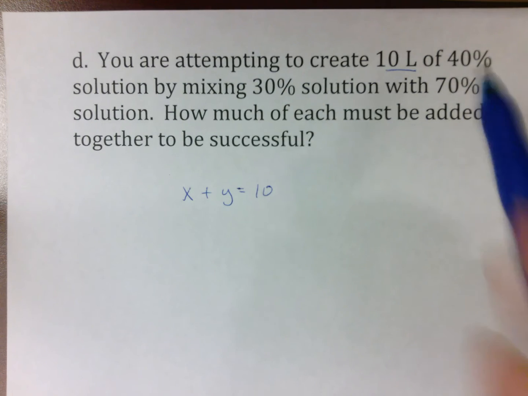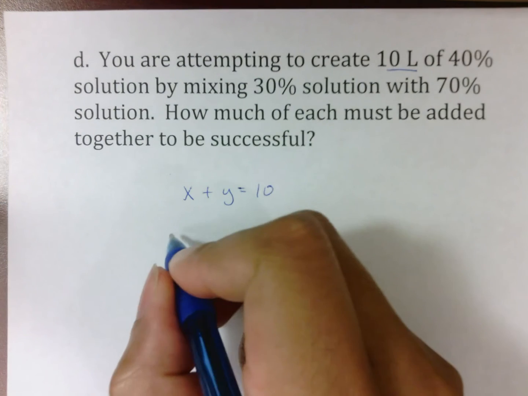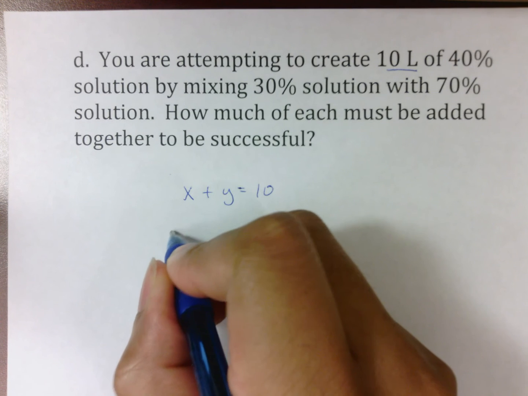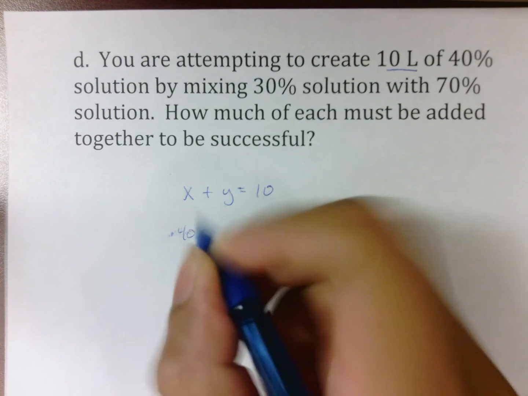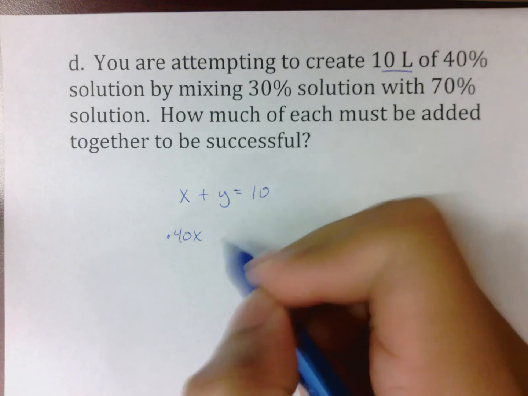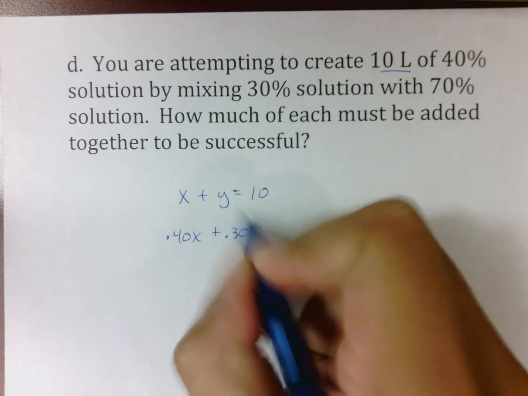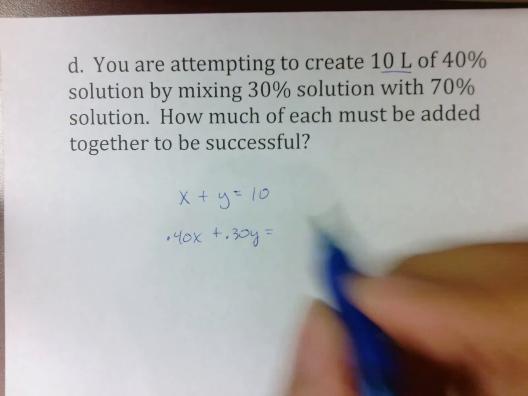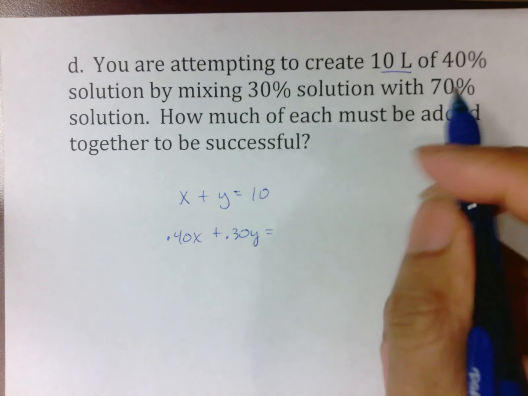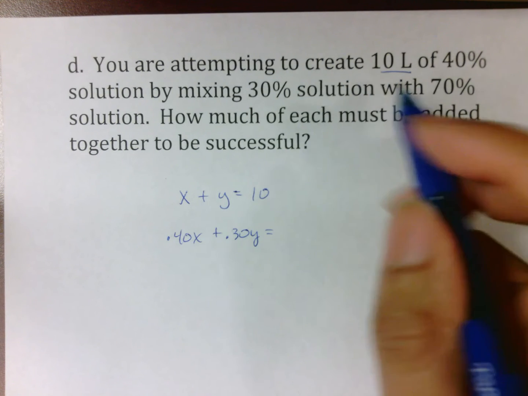But what you can say is that 40%, 0.40 times the whatever amount there, because it's 40% solution, plus 30% of whatever is there is going to equal... I'm sorry, you wanted 40% solution.